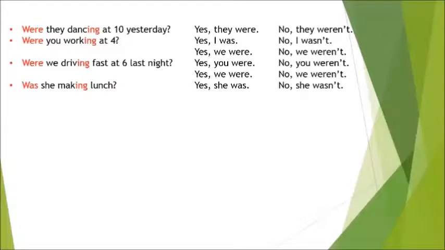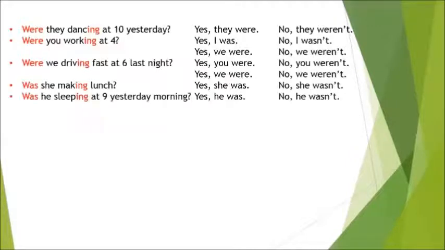Another example. Was she making lunch? Yes, she was. No, she wasn't. One more for he. Was he sleeping at 9 yesterday morning? Yes, he was. No, he wasn't. Look at this one. Was I writing a letter? Yes, you were.